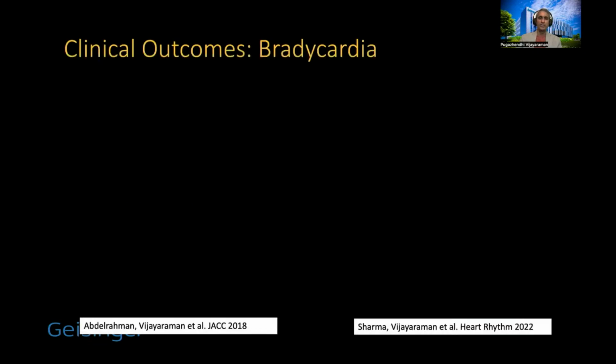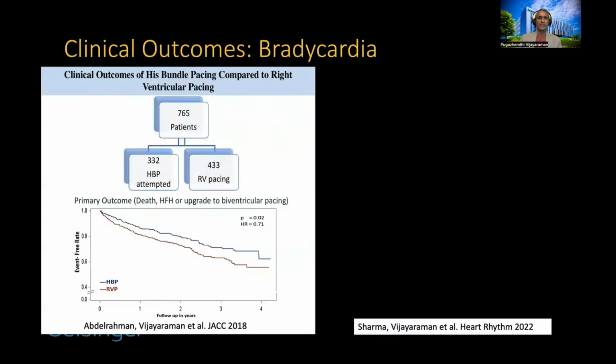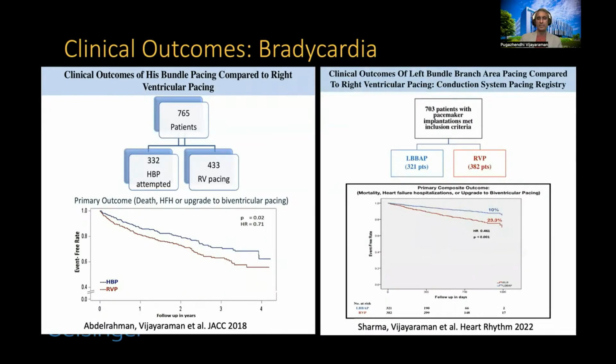And we've also learned more data regarding clinical outcomes of using conduction system pacing in bradycardia. You can see this was a single center study comparing two hospitals with His bundle pacing versus RV pacing. And similarly, this is a two health system study using left bundle branch area pacing versus RV pacing in bradycardia indication.